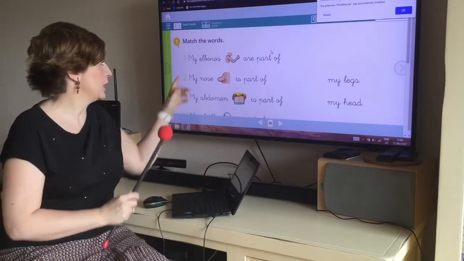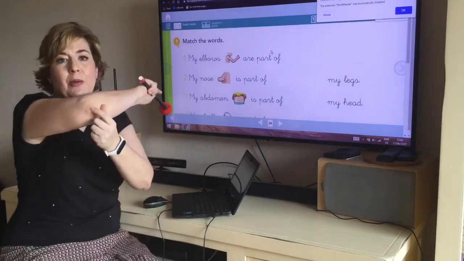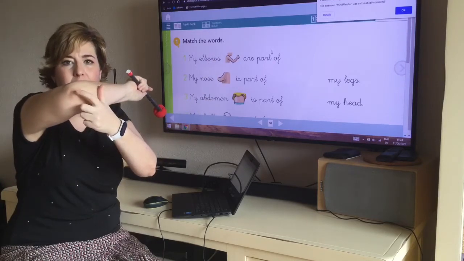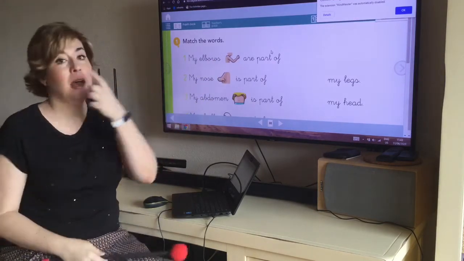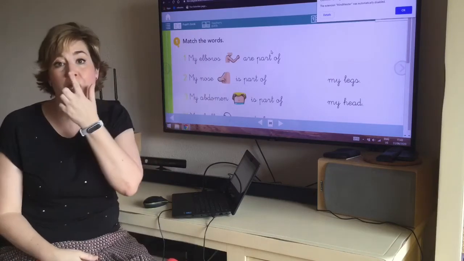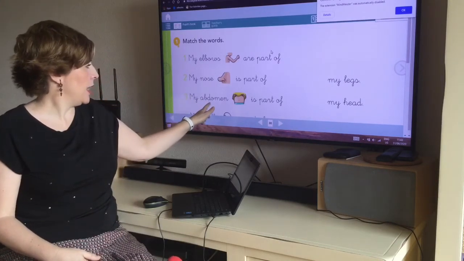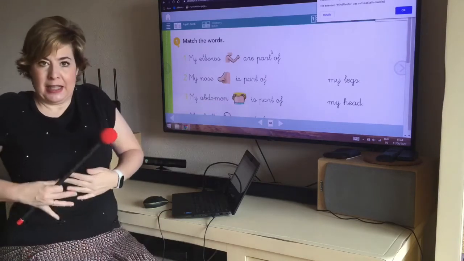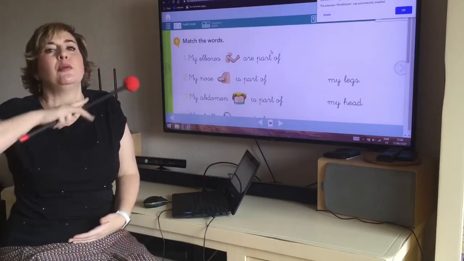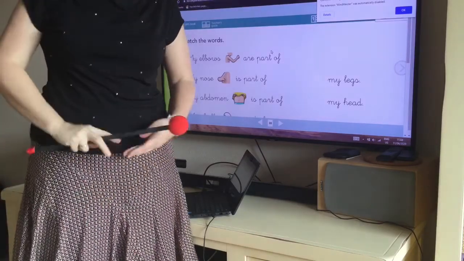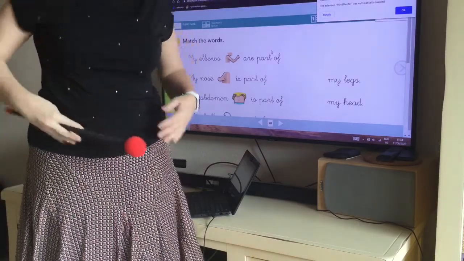Let's go. Here we are talking about the elbows. The elbows. Now, number 2, you have the nose. The nose. The abdomen is this part of your body from your neck up to here. This is your abdomen, basically your stomach.